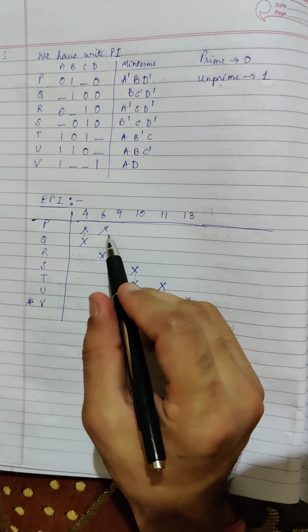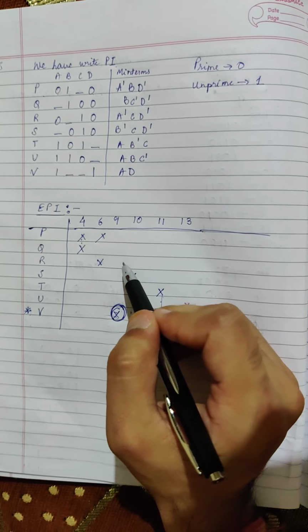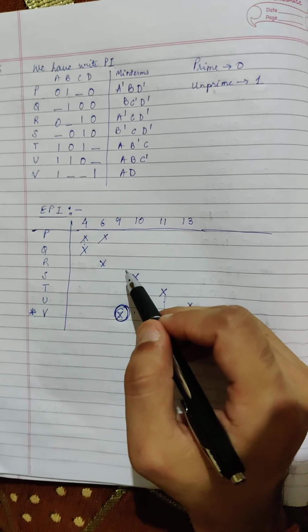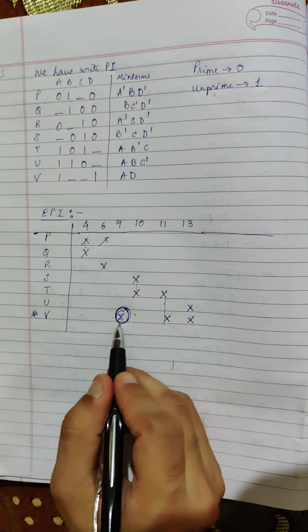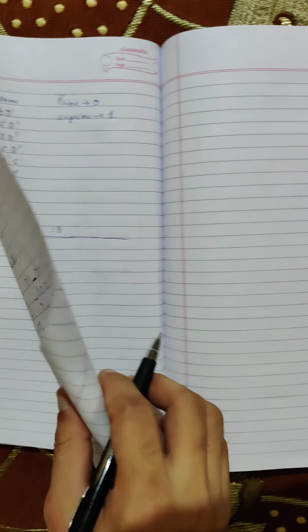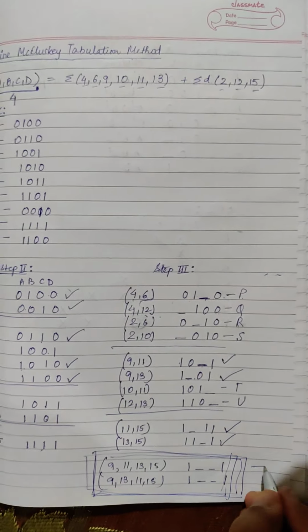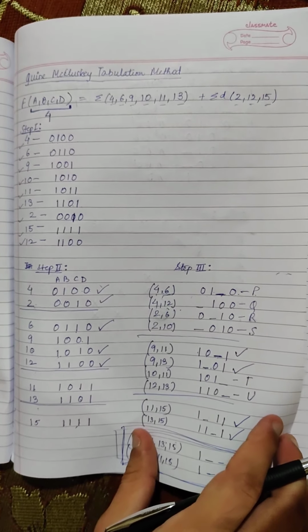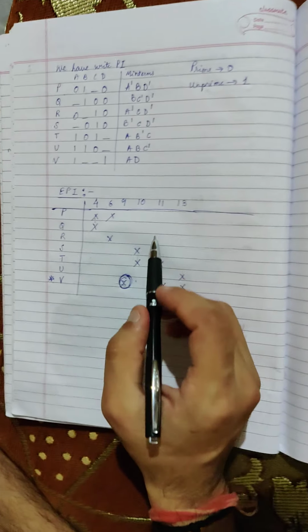Now next, V is formed by the combination of 9, 11, 13 and 15. So find the columns 9, 11, 13 and 15.